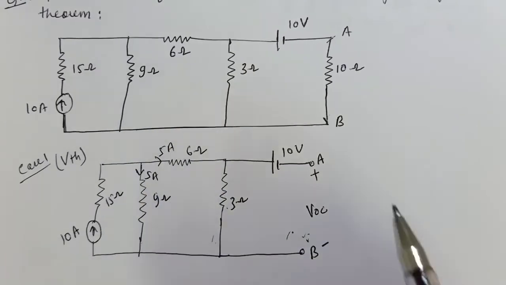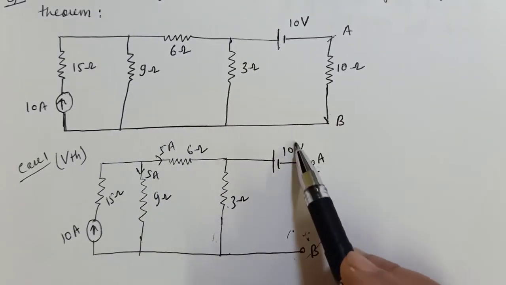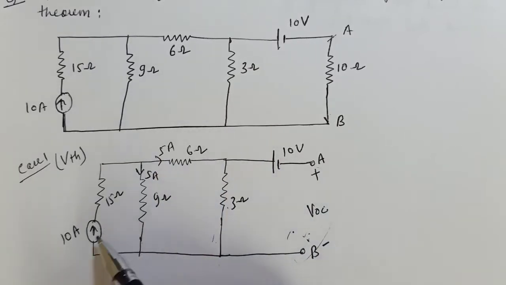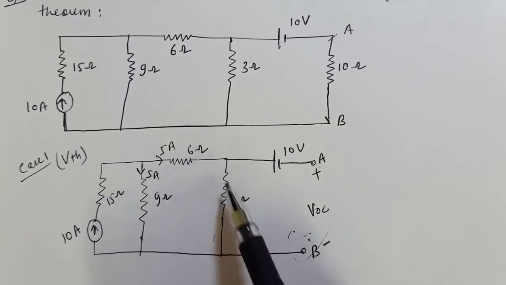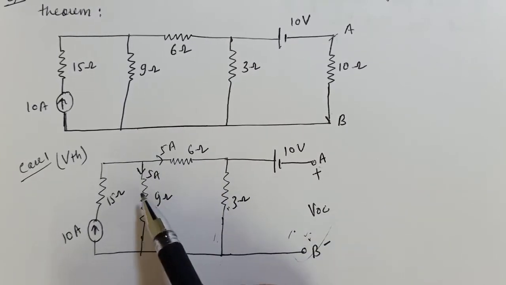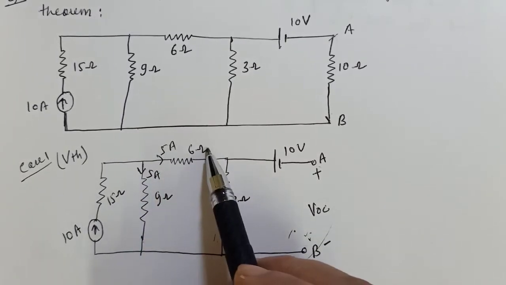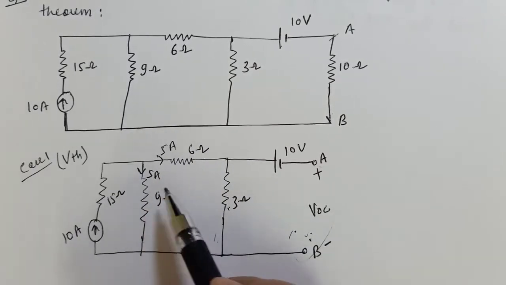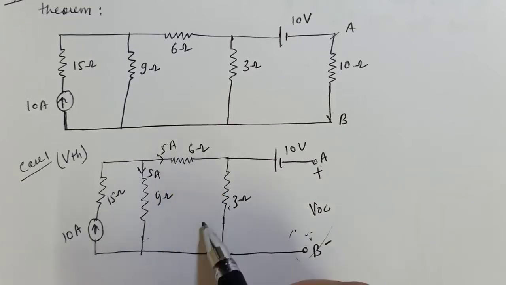How did it come? This is open circuit, so no current will flow in this branch, meaning current flows along this path. The 10 ampere current is there, this is 6 plus 3 which is 9 ohm, and this is also 9 ohm. So equal distribution of current will be there, as the same resistance is present in both branches. So here 5 ampere, here also 5 ampere.